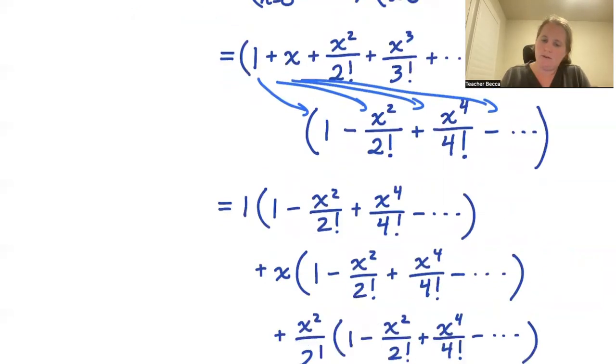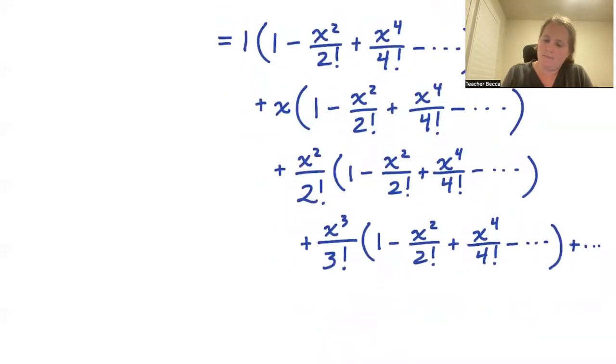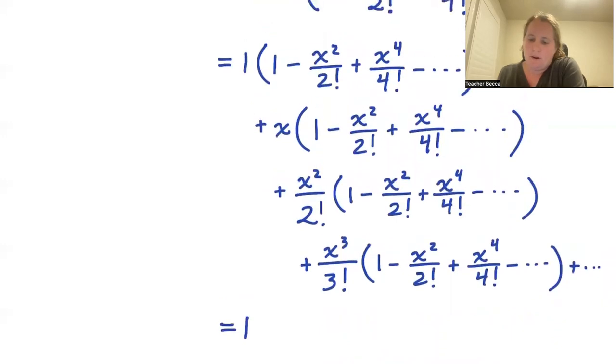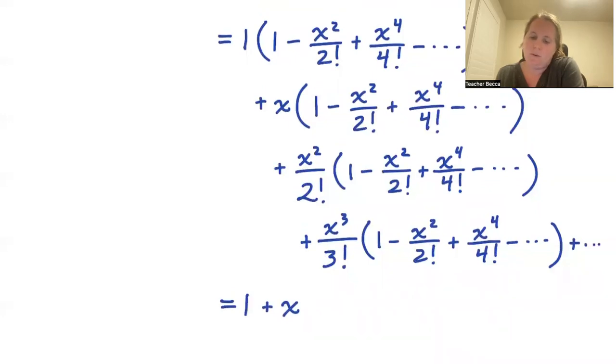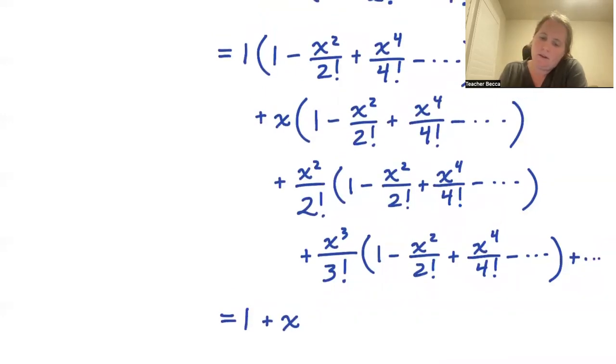So if we actually go ahead and multiply this out, we have a 1 alone for our constant term. Then for x, we just have a plus x. For x squared, we will have a 1 times x minus x squared over 2 factorial.